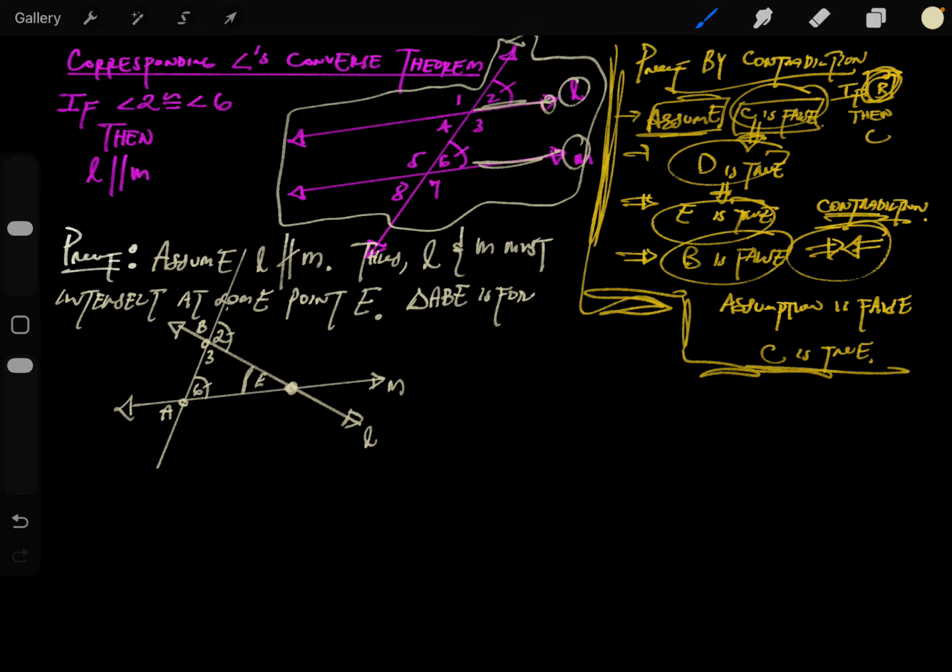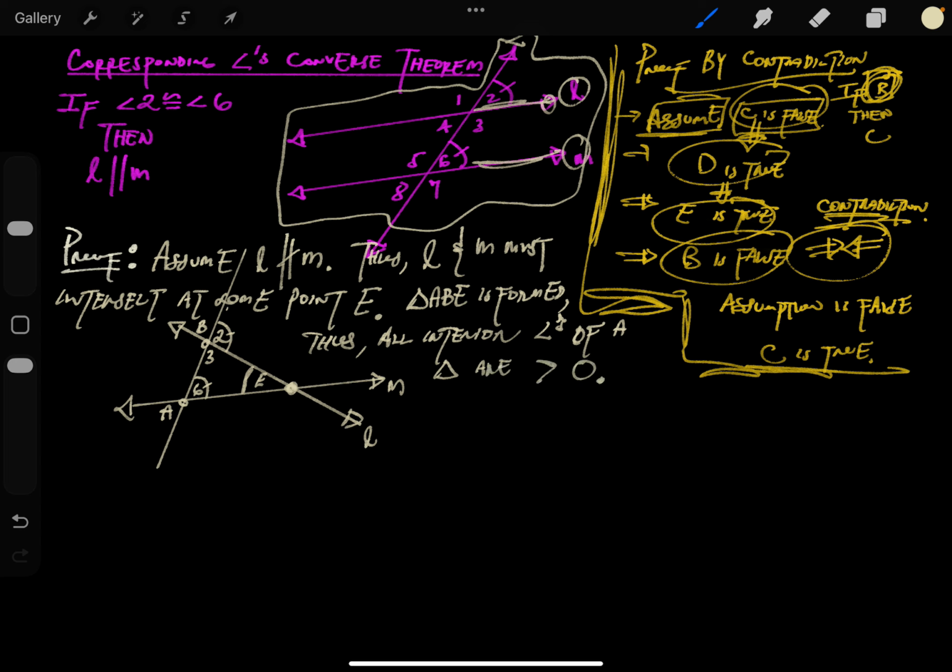And I think it's best if we say that triangle ABE is formed, thus all of its interior angles, let's state this as an axiom, all interior angles of a triangle are greater than 0. Okay, so then we have the measure of angle E must be greater than 0.